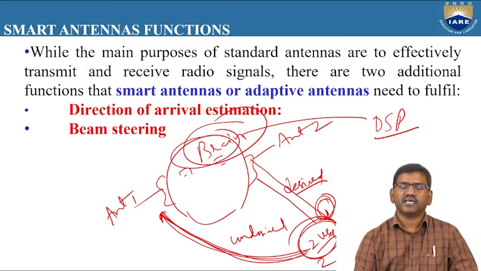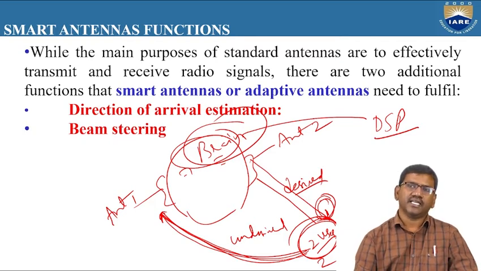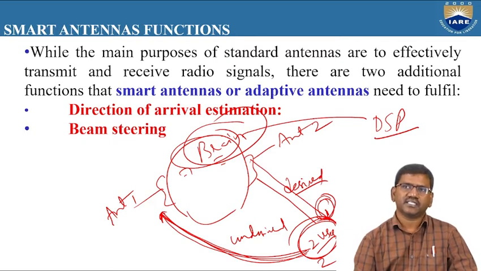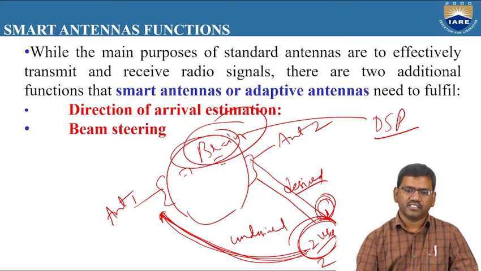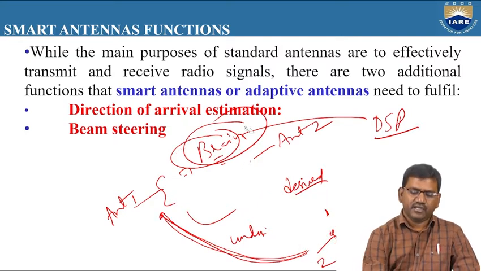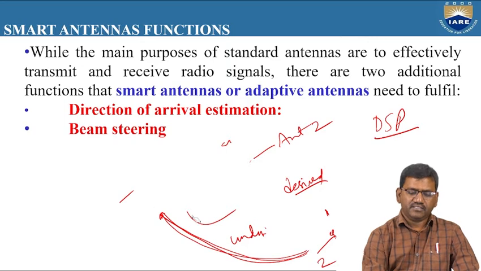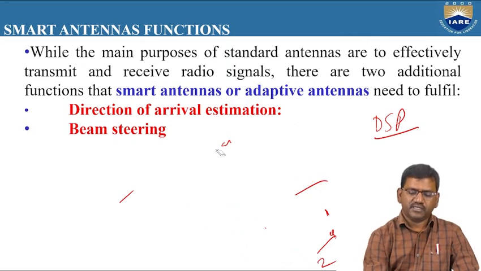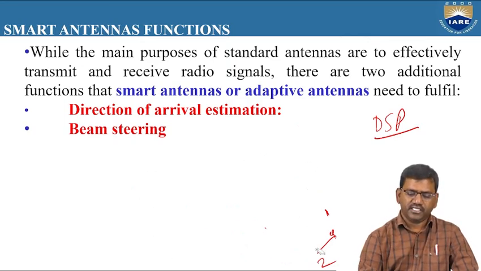Based upon the instruction of the DSP, the brain will establish a connection to the desired signal, that is one only. This is the direction of arrival estimation, which is initially done by the DSP.